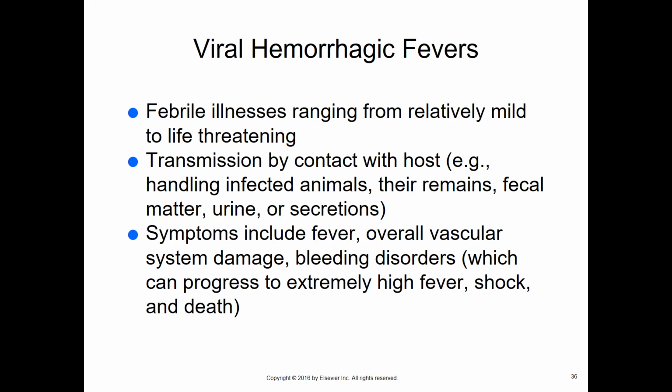Transmission to humans generally occurs by contact with either a host, handling of infected animals or their remains, their fecal matter, their urine, or their secretions. And sometimes the viruses can be associated with arthropod vectors, being spread by either mosquito or tick bites.